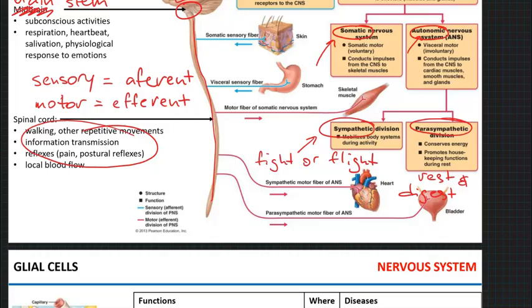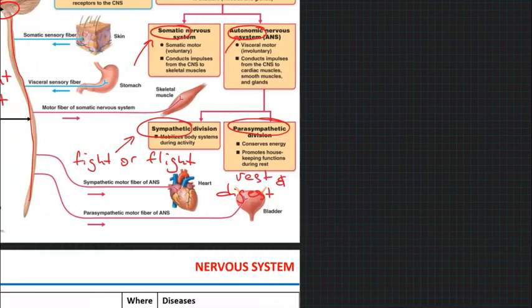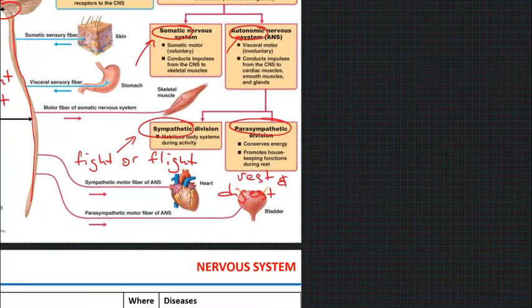So now let me step back and illustrate one of the fundamental concepts in the function of the nervous system, specifically how the signal goes through. So here's what I'm going to do.